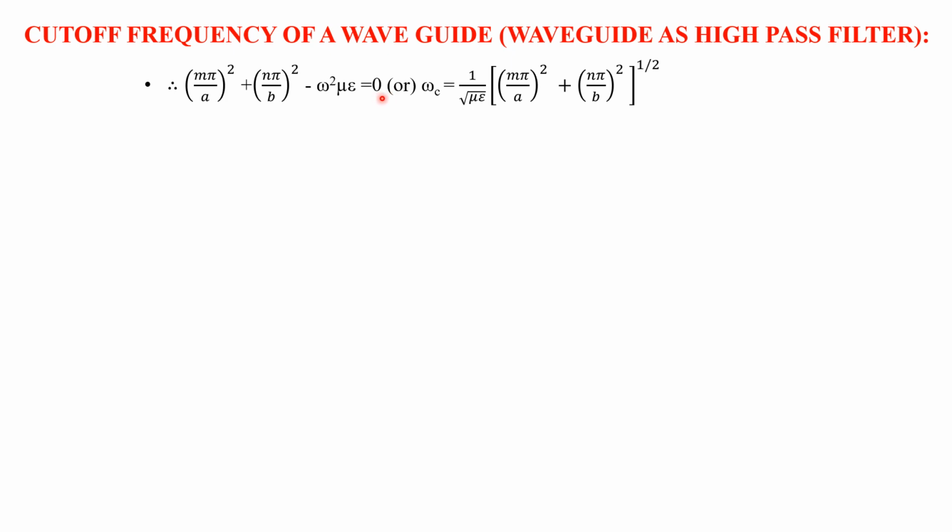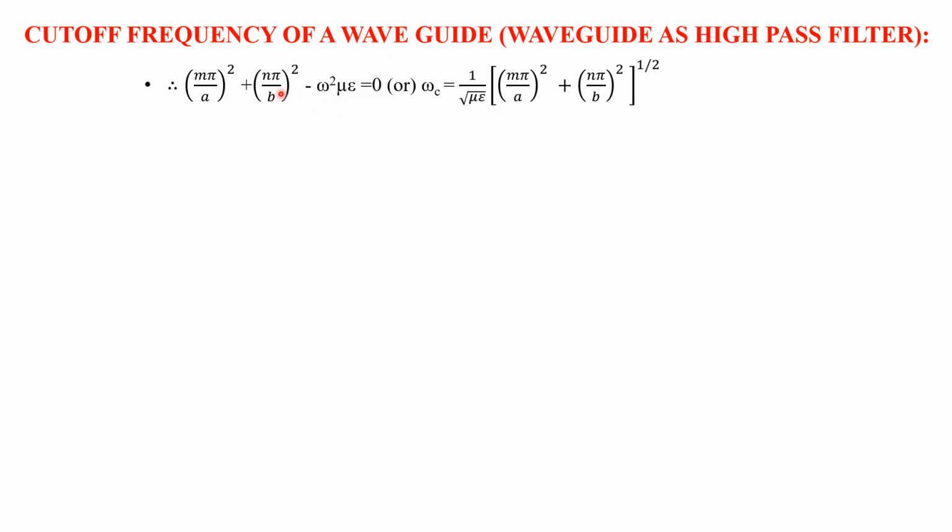Actually here, in place of 0 we have gamma in the previous slide, but we assumed that whenever gamma equals 0, only then do we have the cutoff frequency. Cutoff frequency starts when gamma equals 0, so I simply put gamma as 0.